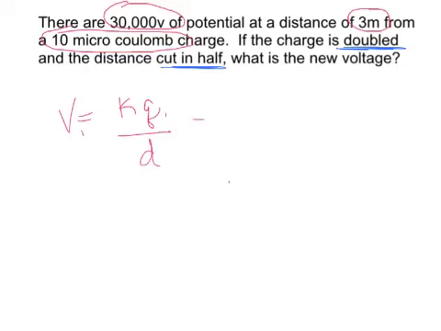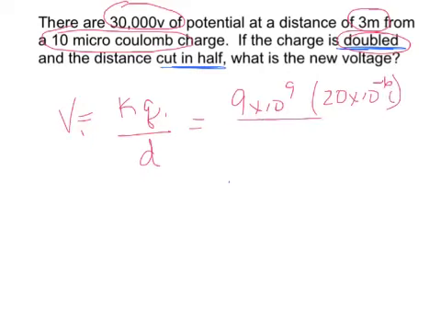And so if I were to take a look at this, I can see 9 times 10 to the 9th. Now, the charge, they said, would like to be doubled. And so if the original charge was 10 microcoulombs, I would want to make it 20 microcoulombs, or in other words, 20 times 10 to the negative 6 coulombs.